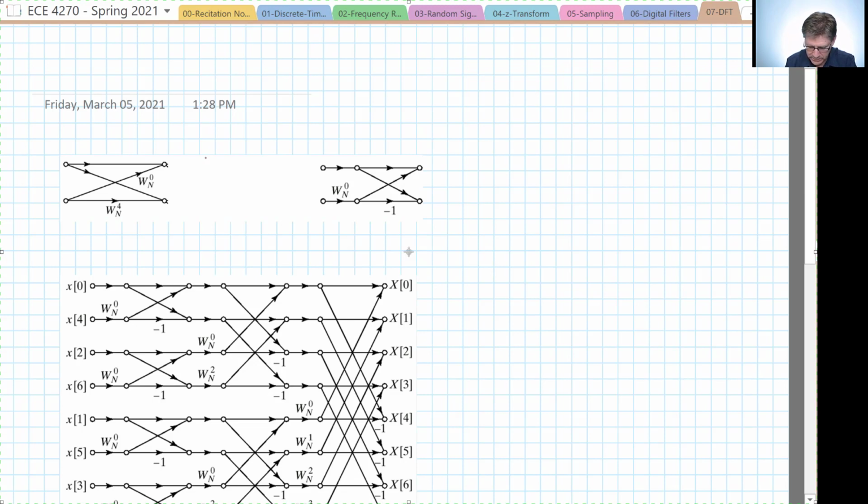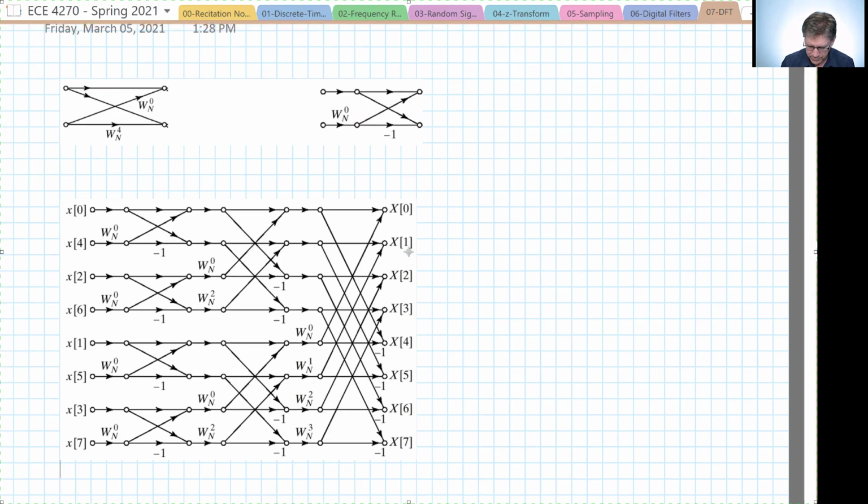So why is that? Well, it might be a little hard to see just straight up. The W sub n of 4, where n is equal to 8, is going to give us a -1, as we saw before.